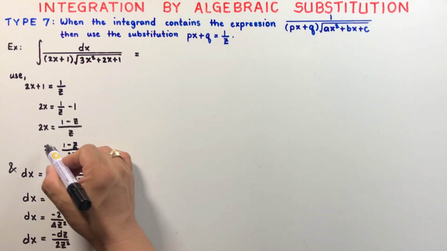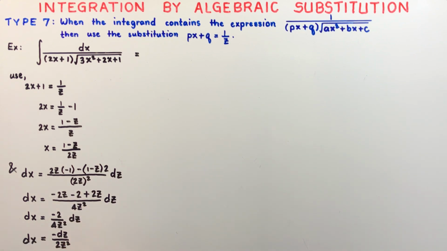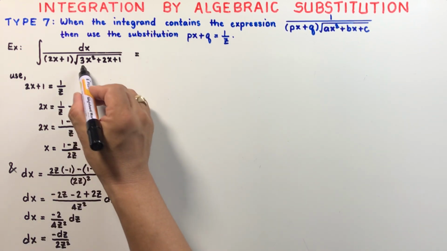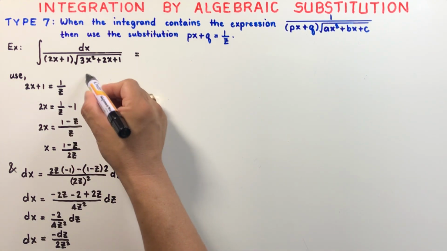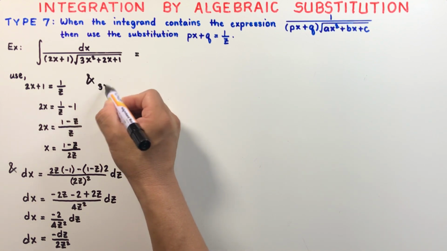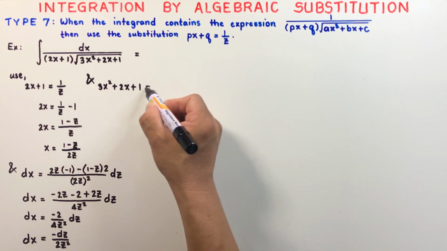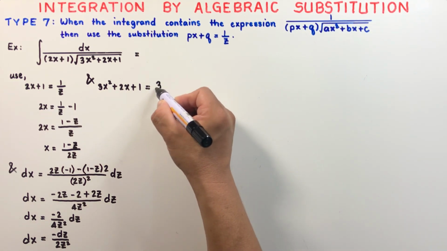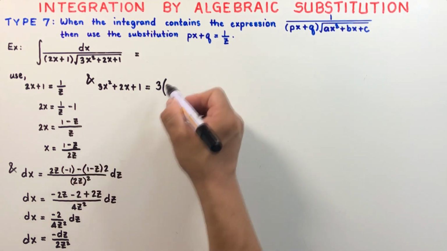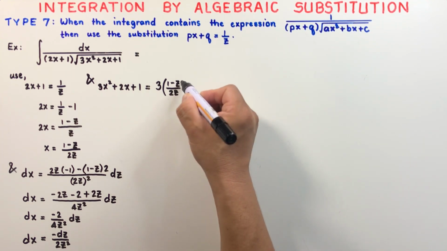And since we have the representations for our x and dx here, we need to represent also this trinomial. So we have 3x squared plus 2x plus 1 is equal to 3 times the square of our x, which is 1 minus z over 2z.